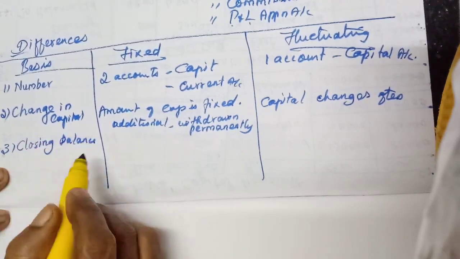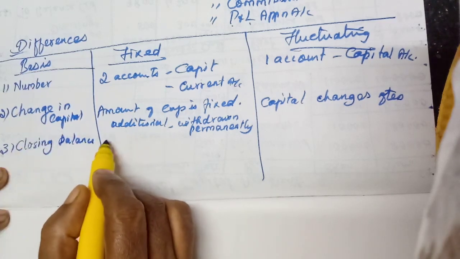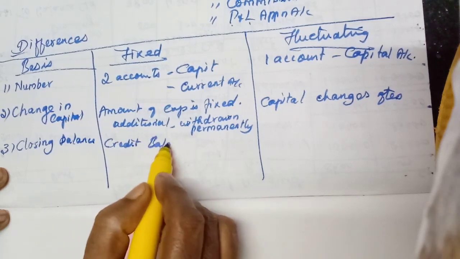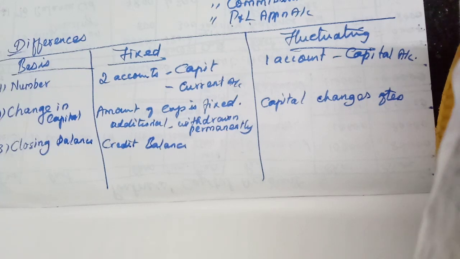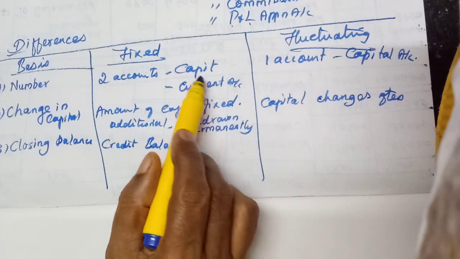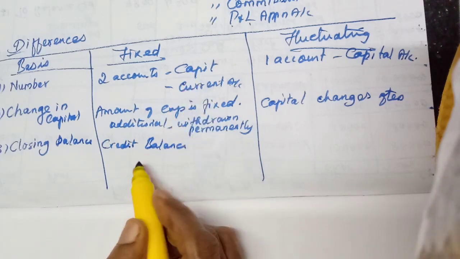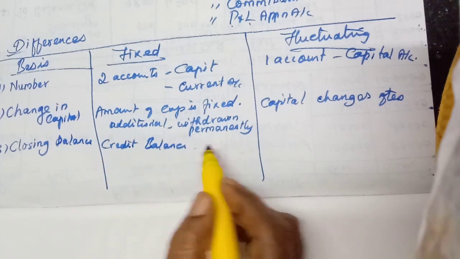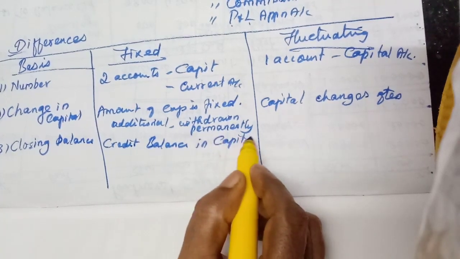Okay. The third point, closing balance. What type of closing balance will we have? Here, it will always show credit balance, isn't it? Because we cannot always say, sometimes if he has withdrawn more than what is available, then he may have debit balance. Here we have two accounts.